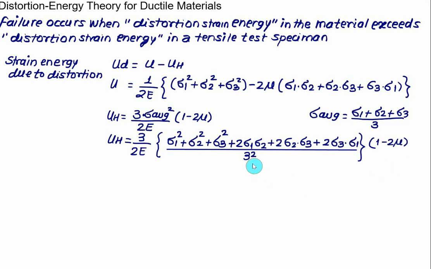So in the denominator we have 3 square, in the numerator we have 3, so one of the 3s will get cancelled. 3 into 2 is 6.